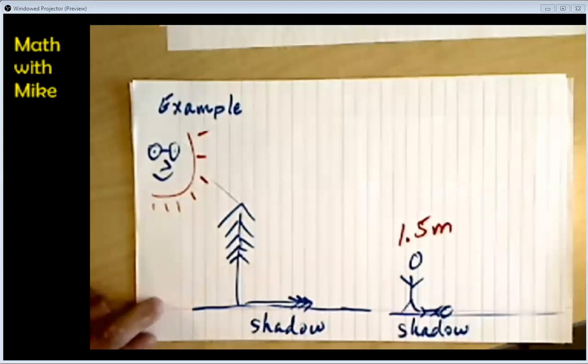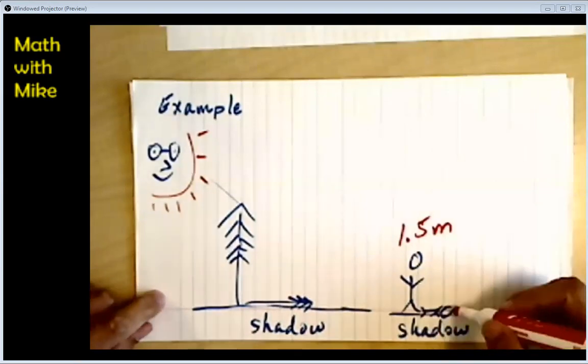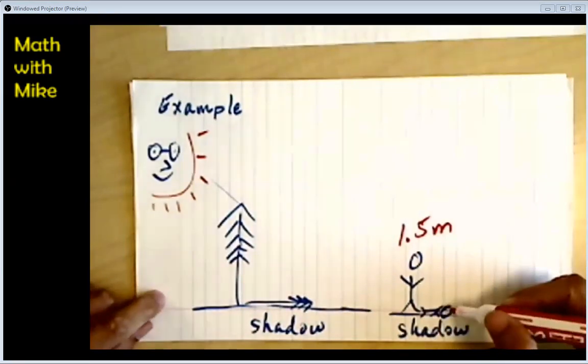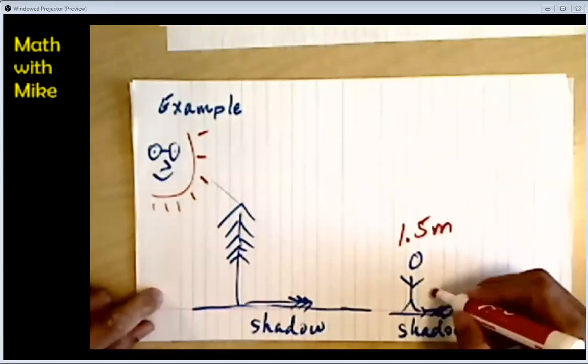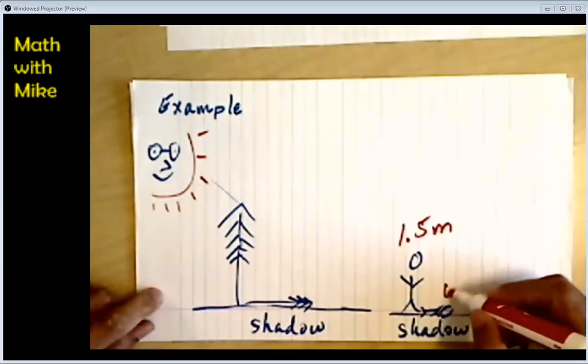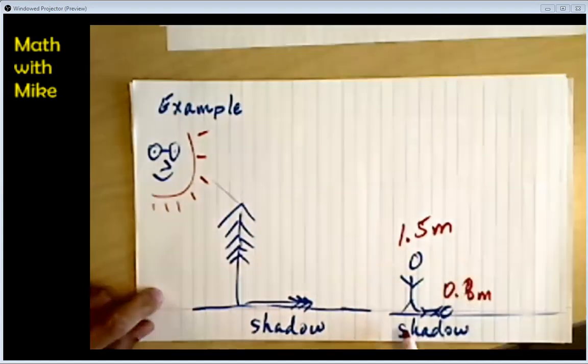If you got a friend out there, they could measure how long your shadow is on the ground there. And let's say they do it and they get 0.8 meters for how long the shadow along the ground is. Okay.